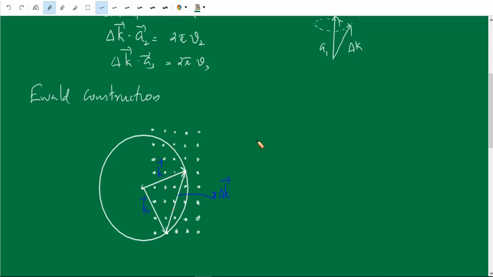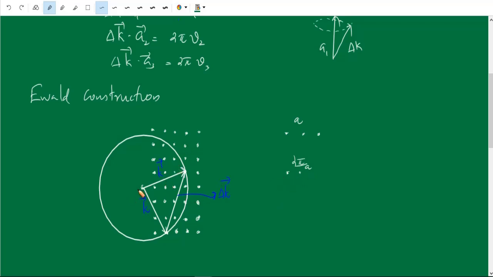For example, if in the real lattice the distance between two consecutive points is a, then in the reciprocal lattice the points are separated by the reciprocal of the distance, actually 2 pi by a. 2 pi divided by a is the distance between two consecutive points.